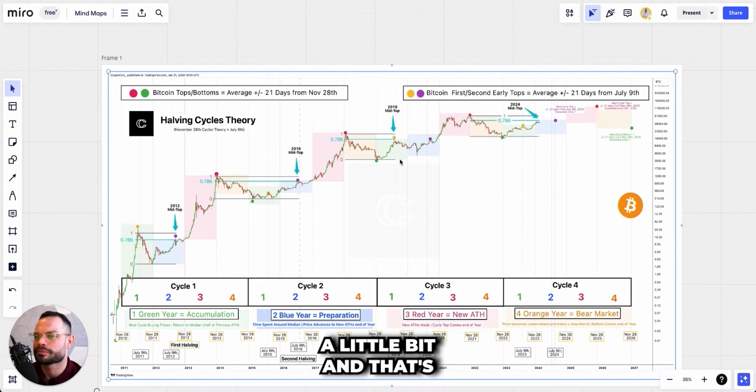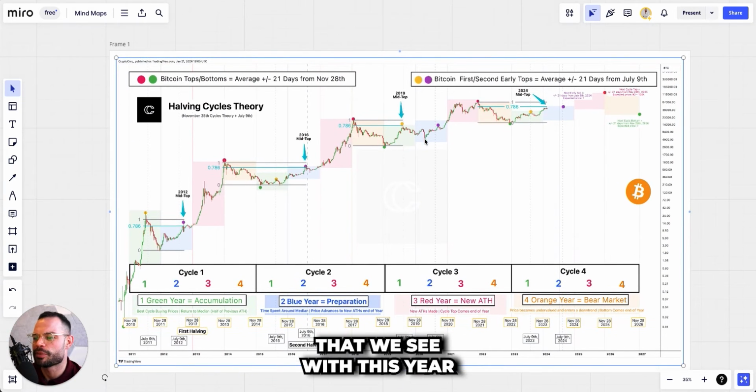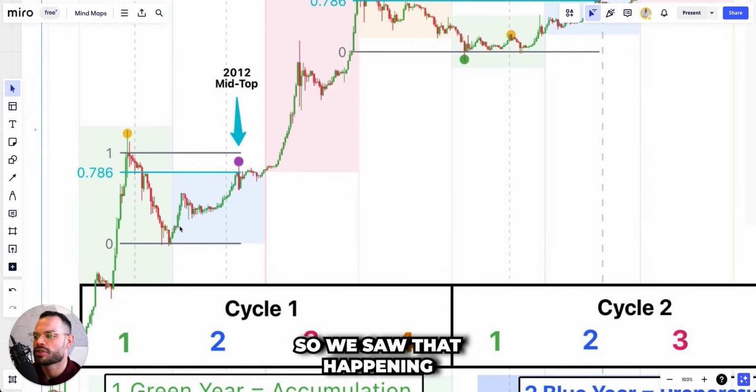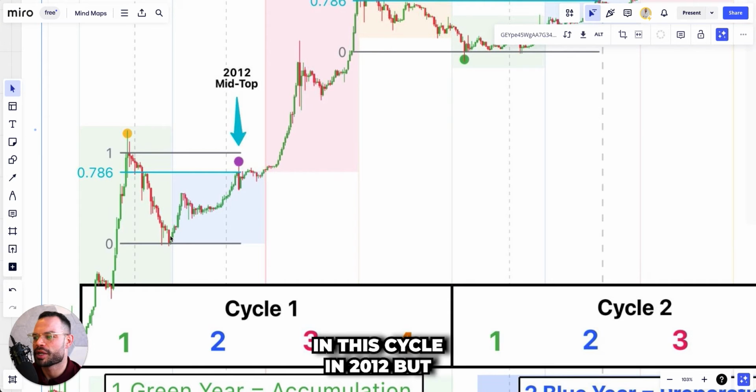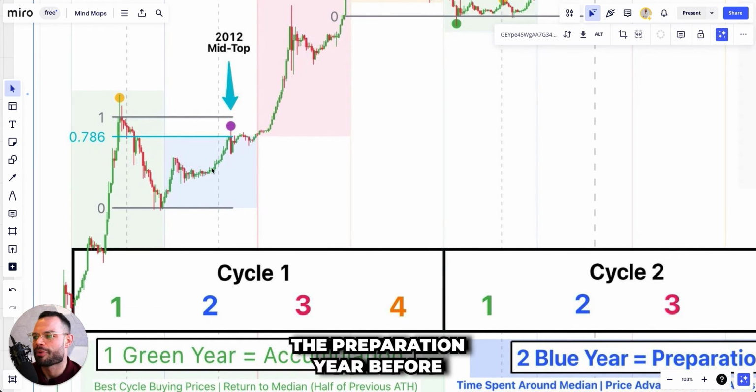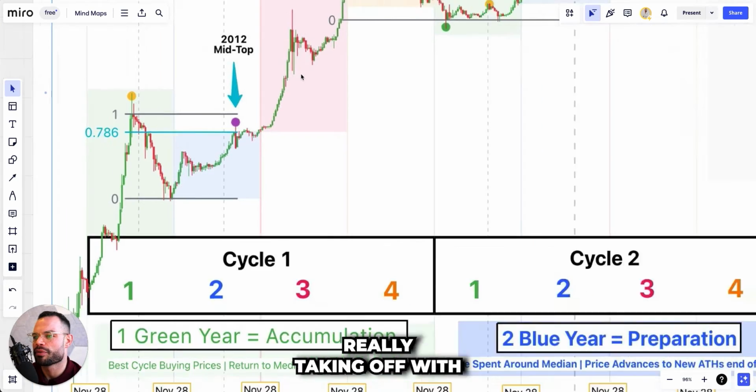And that's another pattern that we see with this year of preparation as well, where there is often a little bit of a pullback after that year of accumulation. So we saw that happening even earlier in this cycle in 2012, but even after this slight accumulation here, again, a little bit of a cool off in the preparation year before really taking off with the bull market.